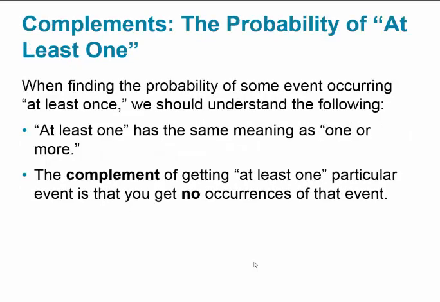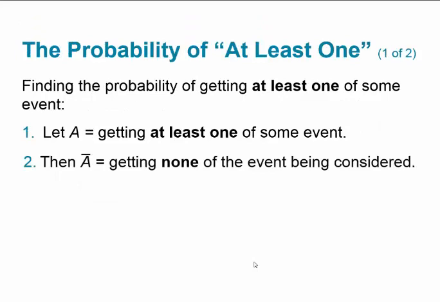So when finding the probability of some event occurring at least once, we should understand the following. At least one has the same meaning as one or more. Now the complement of getting at least one particular event is that you get no occurrences of that event. So let A be equal to getting at least one of some event, and then the complement of A is getting none of the event being considered.